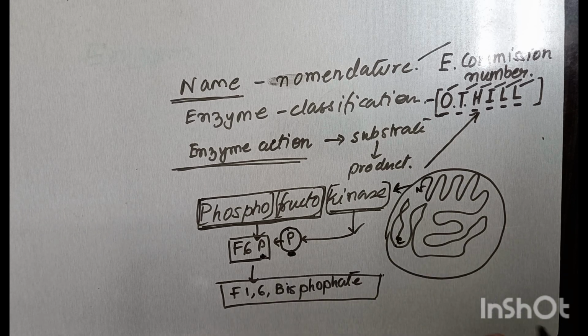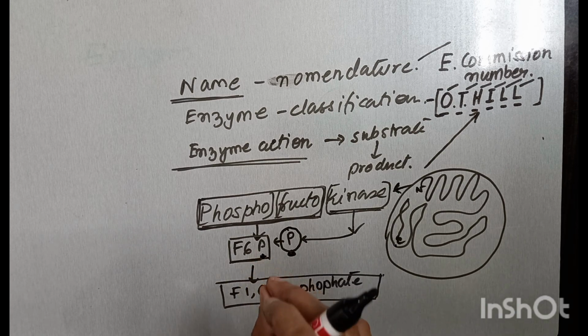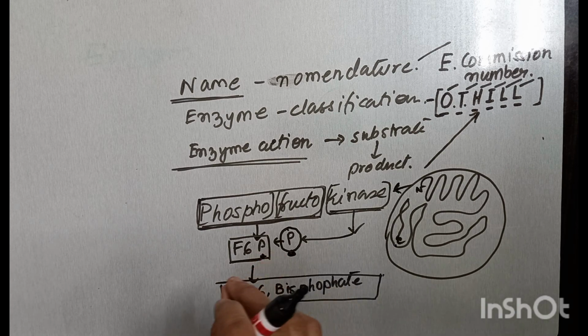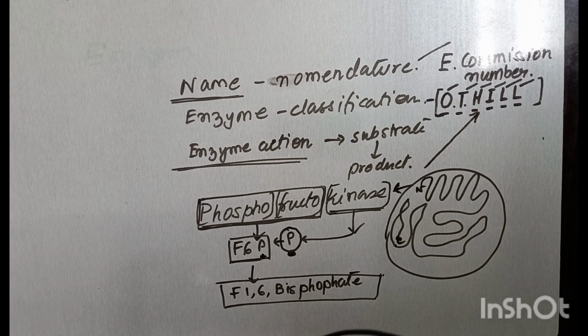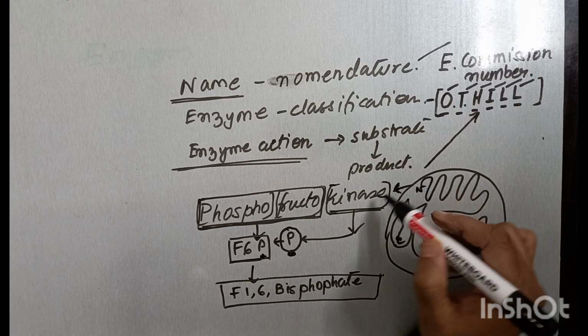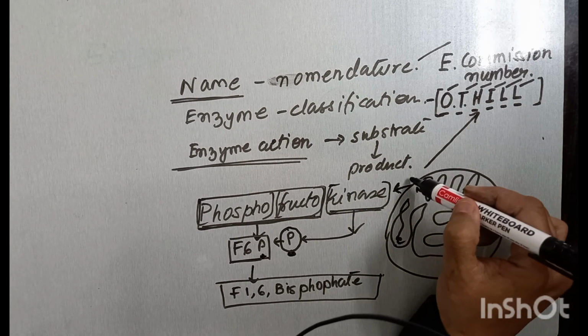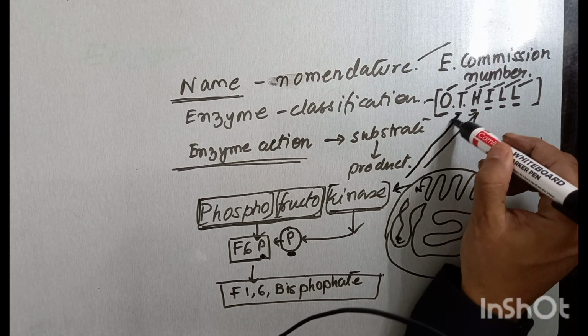So it's a kind of transferring reaction. It gets the phosphate from somewhere, and then deposits the phosphate by covalent linking onto this fructose 6 phosphate, forming fructose 1,6 bisphosphate, and this is a kind of transferring reaction. So this kinase is doing a transferring reaction of phosphates, and so it will fall in this category, transferase.